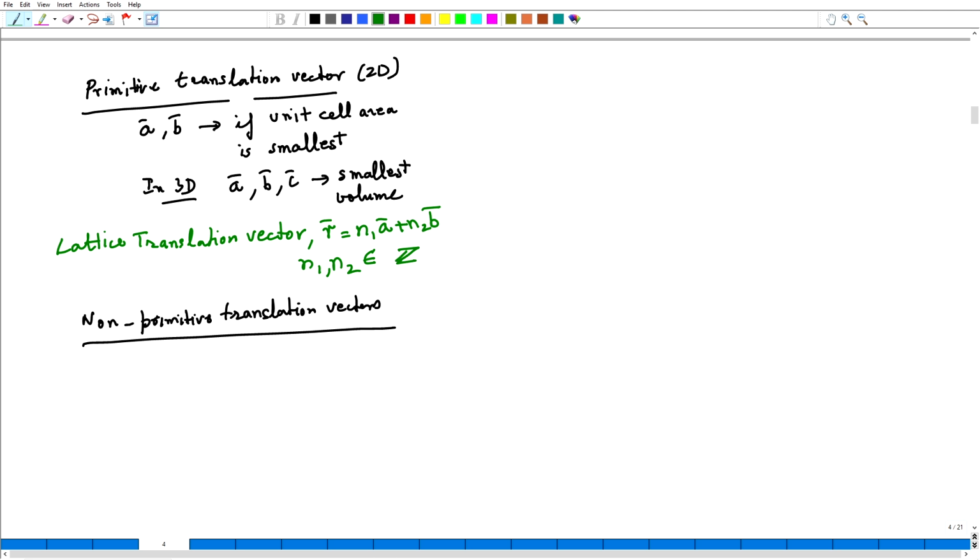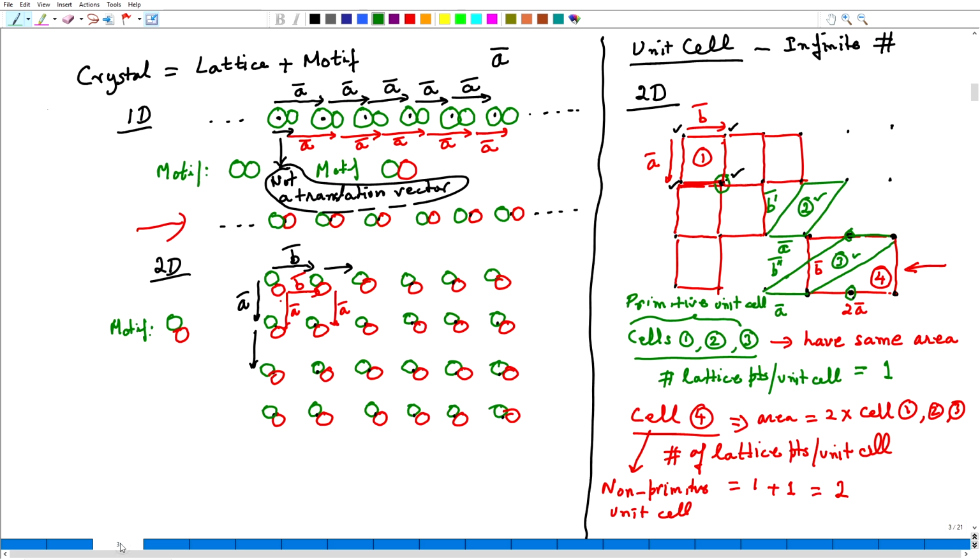Now, in the case of non-primitive, what happens? If I put a lattice translation vector again as N1A plus N2B, then N1, N2 can take fractional values.